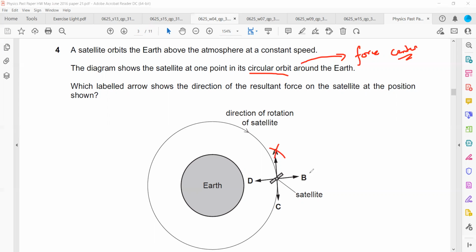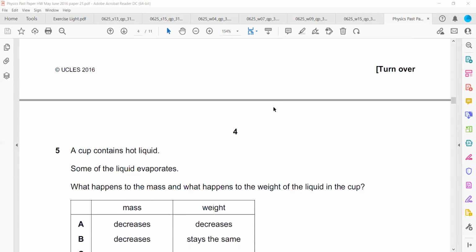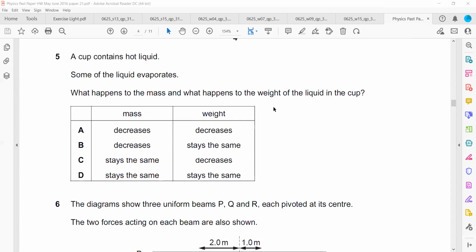It's not A, it's not B, it's not C. Actually, it is D. Whenever an object moves in a circular path, there should always be a resultant force, and that resultant force is always directed towards the center, because the object cannot continue this circular motion if the force is not towards the center.